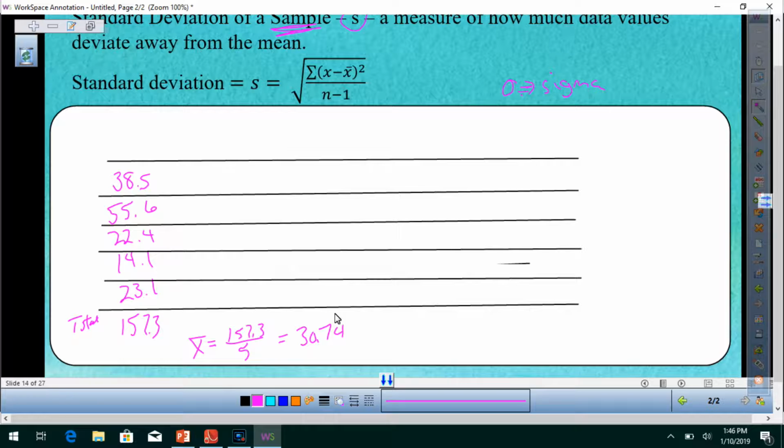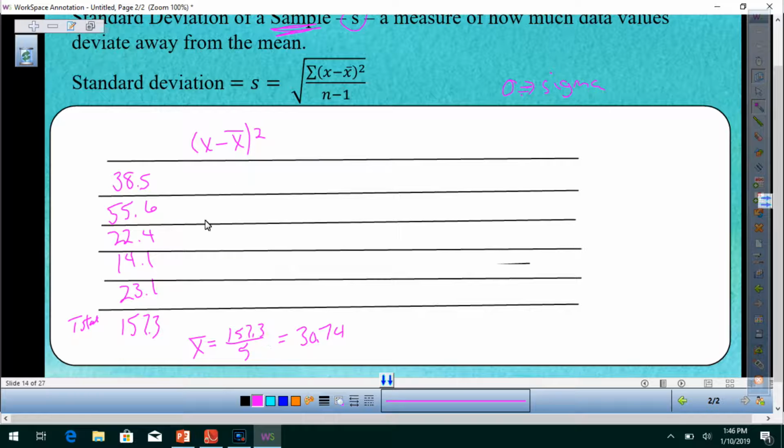Now let's look up here and see what we need. We need the sum of x minus x bar squared.